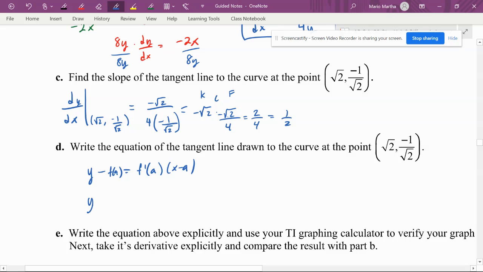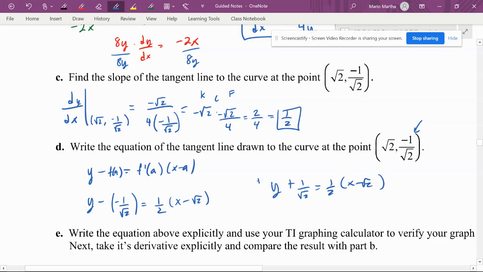And this is going to be y minus this value, which is our f of a value, which is negative 1 over root 2, equals positive 1/2, which is our prime value at that point, times x minus root 2. So just to clean it up a little bit more, y plus 1 over root 2 equals 1/2 times x minus root 2. And that's pretty much the equation of the tangent line.